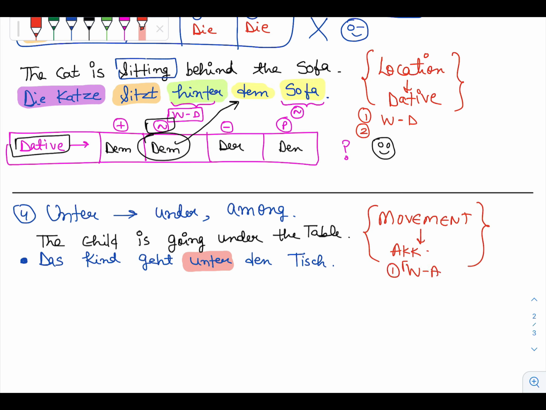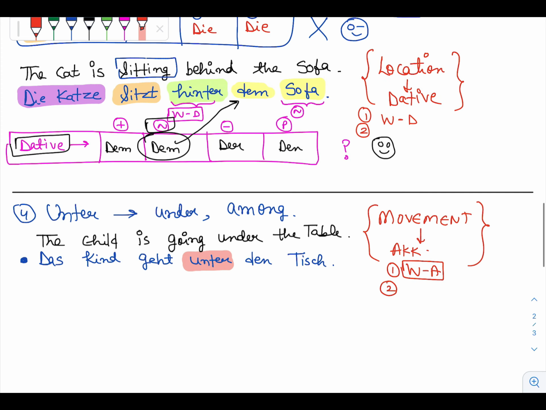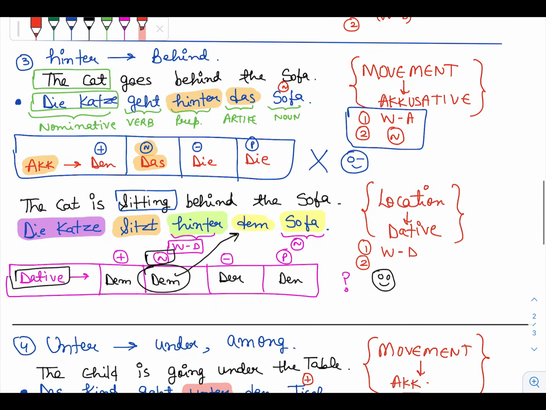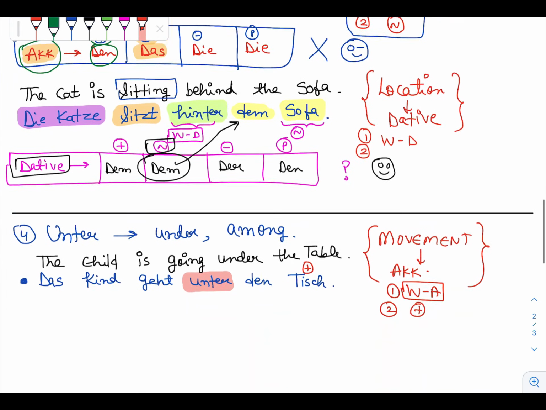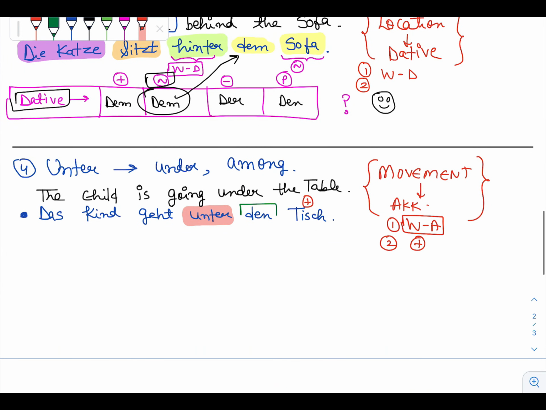One thing is clear, Wechsel of accusative. Second thing we required, Tisch. We did it many times, Tisch takes masculine. So accusative of masculine. We'll see here, accusative of masculine, den.